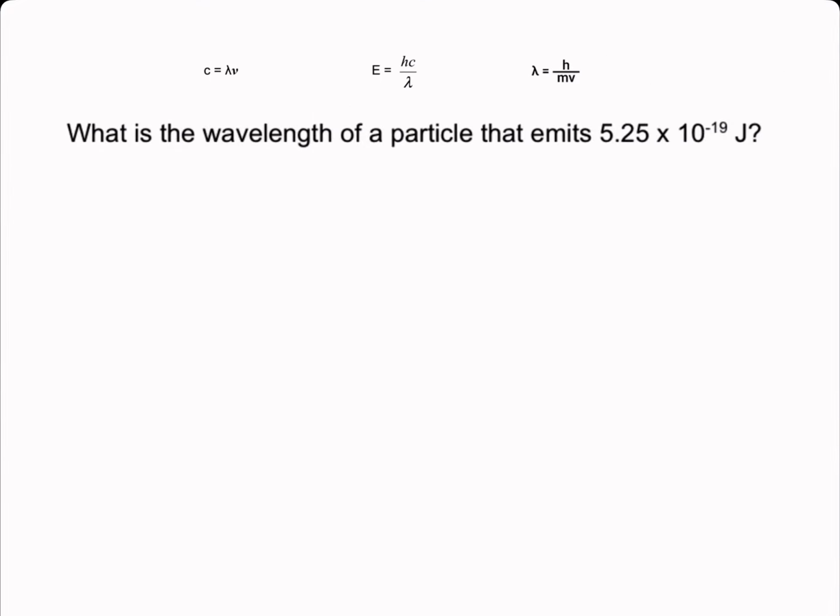What is the wavelength of a particle that emits 5.25 times 10 to the negative 19 joules? Let's start with our given. What is the wavelength? That's my question. And 5.25 times 10 to the negative 19 joules. Joules is the unit for energy, so that's information of energy.